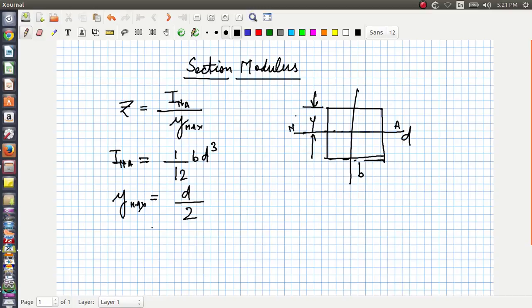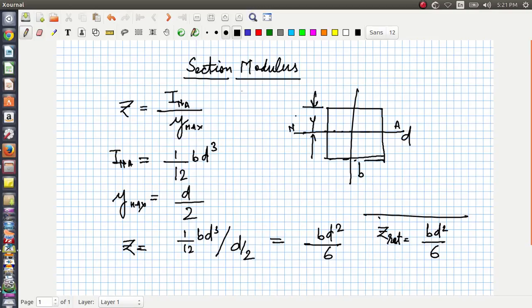Now the ratio of these two will give us the section modulus for this rectangular cross section. That's going to be 1 by 12 b d cube divided by d by 2, which is b d square by 6. Hence, the section modulus for the rectangular cross section is b d square by 6.